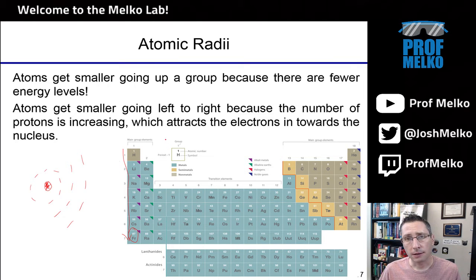Left to right is a little harder to understand, but not beyond us. Atoms get smaller going left to right because the number of protons is increasing without adding an extra shell. You're adding protons, which means electrons are also increasing, but you're not adding a whole new shell.